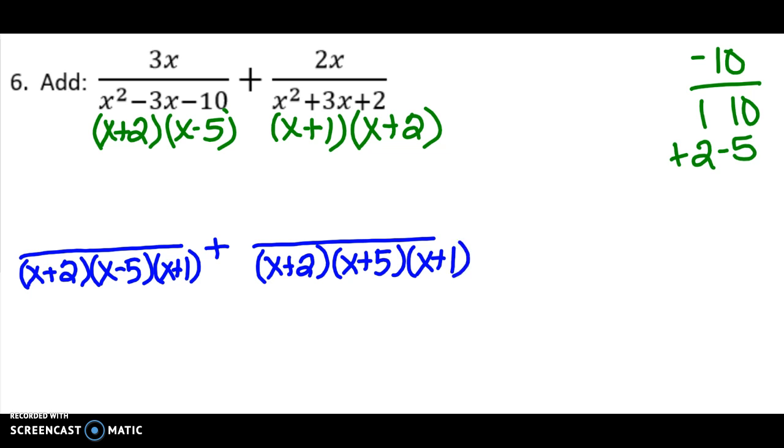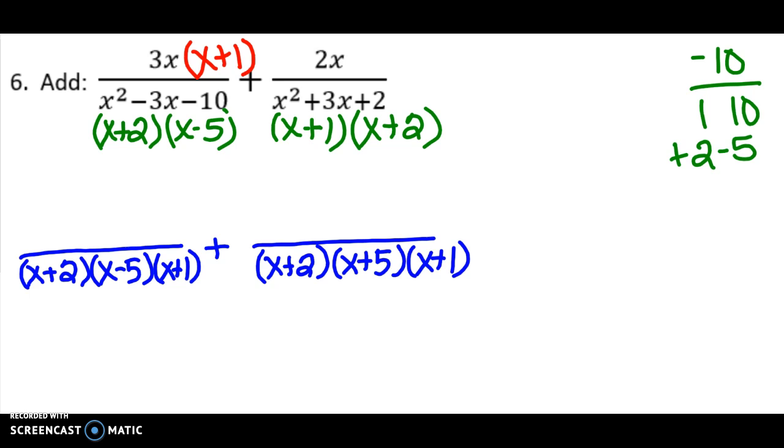Now when we look at the first fraction, we have x plus 2 and x minus 5, but we don't have the x plus 1, so that's actually what we need to multiply by in order to make this into a common denominator. So the first fraction needs to be multiplied by x plus 1.